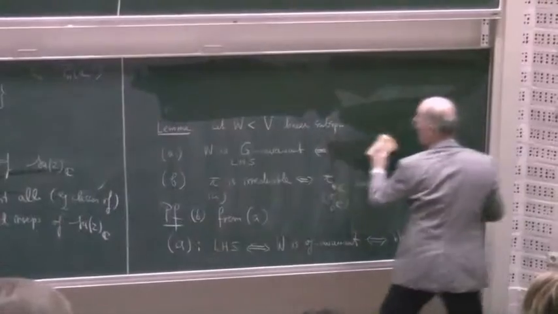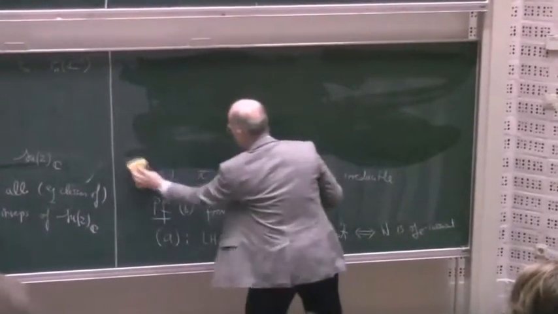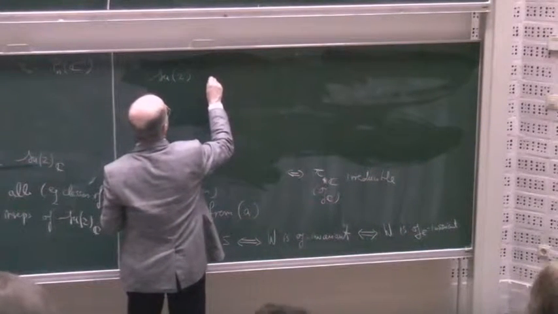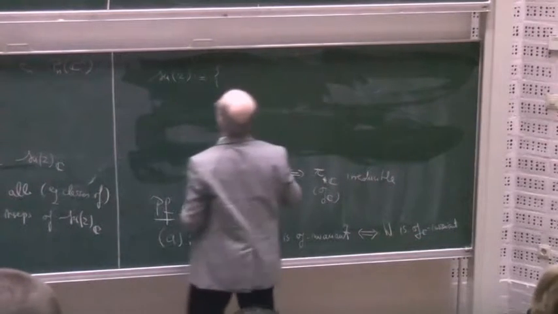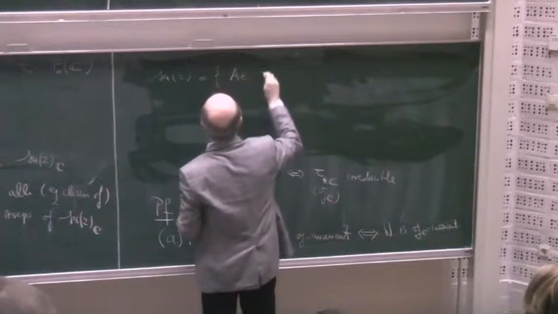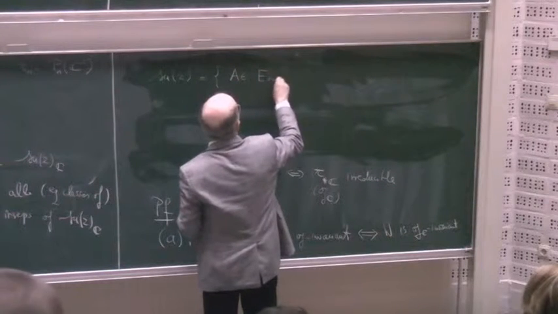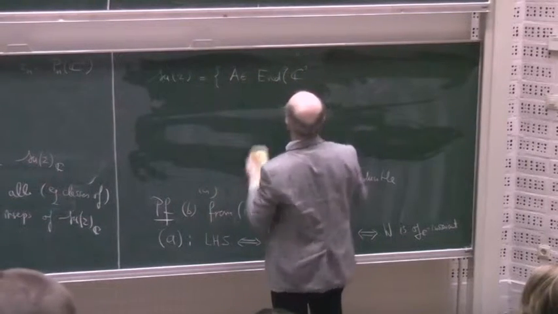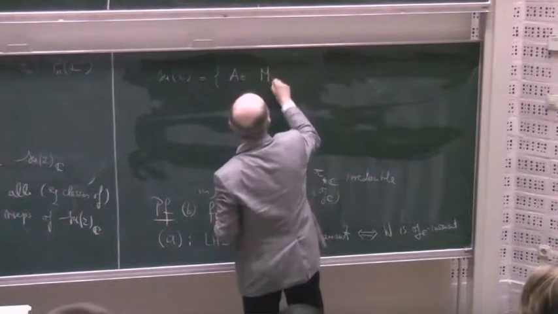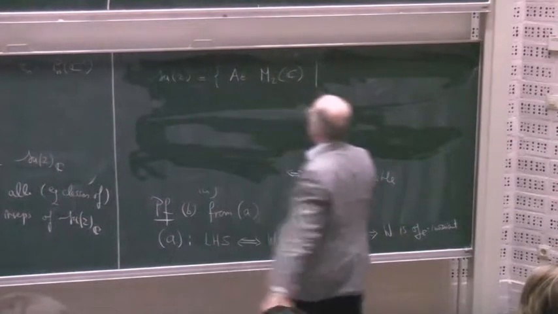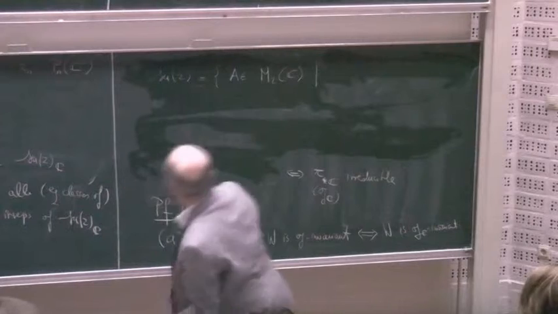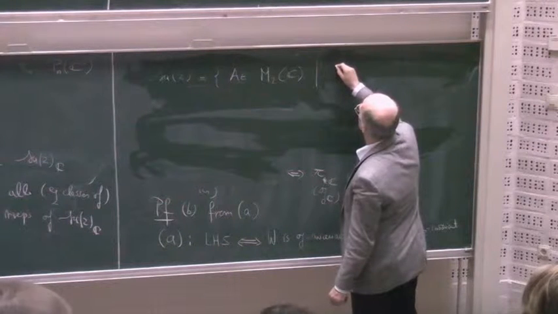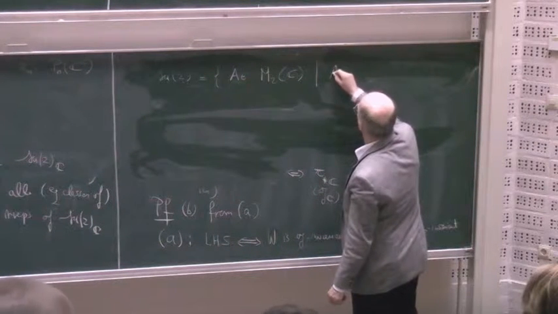So what is su2? su2 is a sub-Lie algebra of the Lie algebra of endomorphisms of C2. So this is the 2x2 matrices with complex entries, with the property that the matrix is Hermitian anti-symmetric.